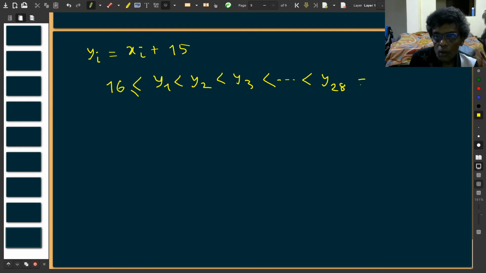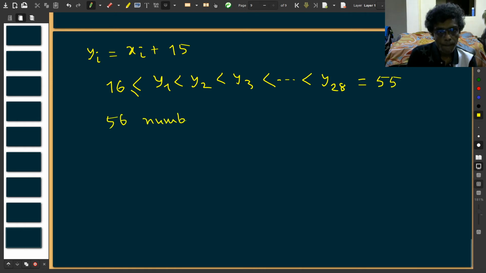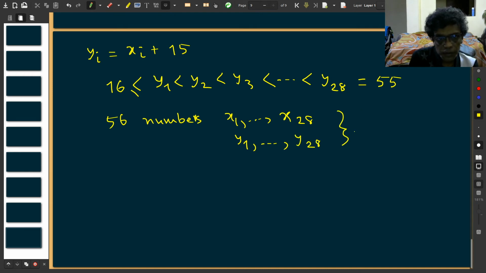This is equal to 55. 40 plus 15 is 55. Now I consider, we took 56 numbers, x1 through x28 and y1 through y28. So there are 56 numbers together.